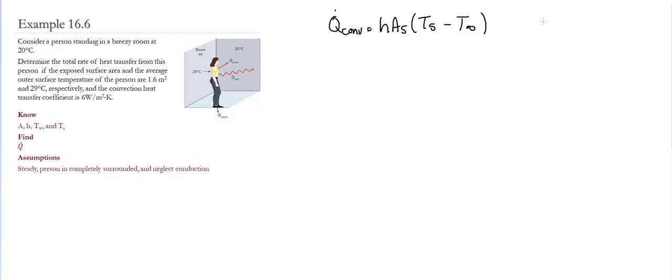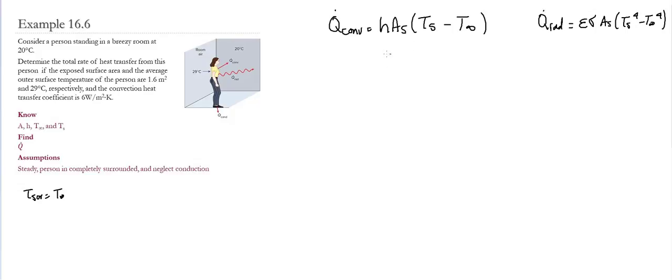On the other hand, for radiation, the rate of heat loss is equal to epsilon, sigma, surface area, Ts to the 4 minus T infinity to the 4. Notice that in this case, we're going to assume that T surrounding and T infinity are both equal to each other.